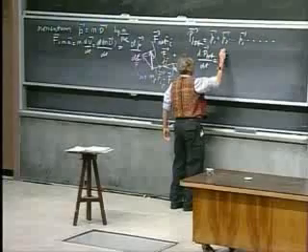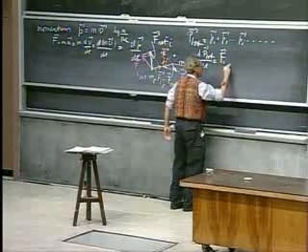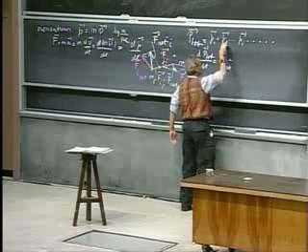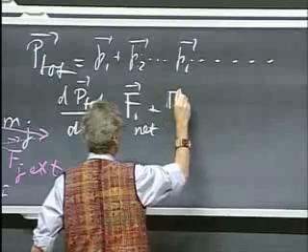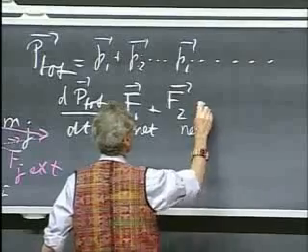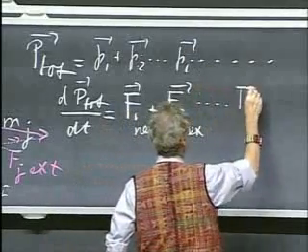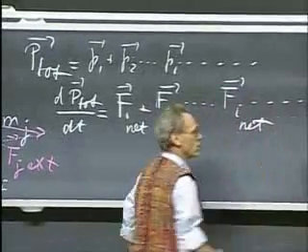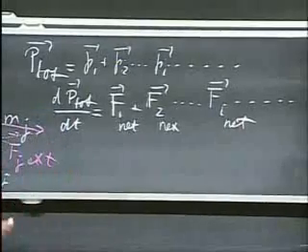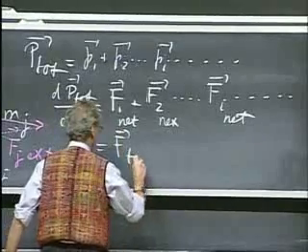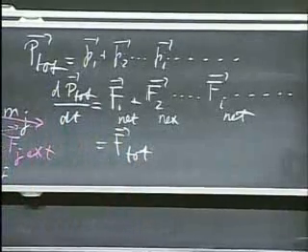It's the total force on number 1. So it is F1, but it is the net force on 1. And dp2/dt for this particle equals F2 net force. And the force on particle number i equals Fi net, and so on. And so when we add up all these forces, obviously, that is the total force on the entire system.